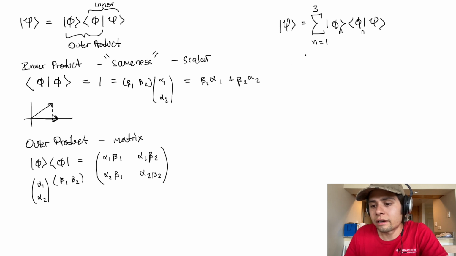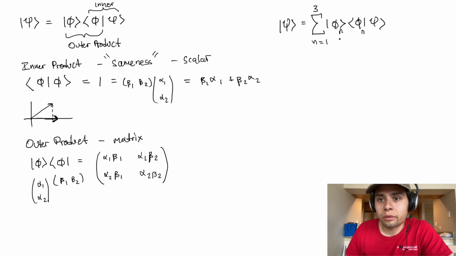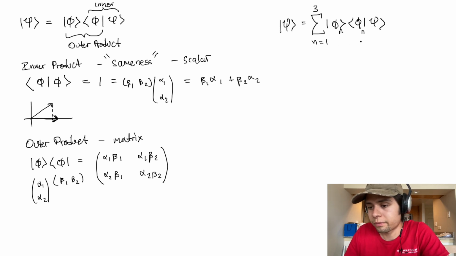So this is a way of writing a state that might be complex and breaking it down into non-complex states, in which these vectors that we've chosen are a little bit easier to manage.